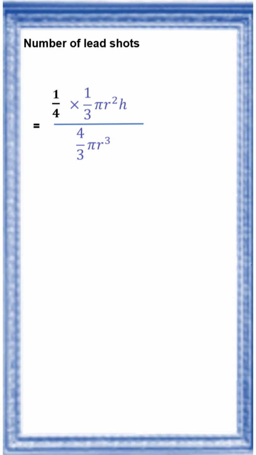Don't get confused with this radius and this radius. This is radius of the cone, this is radius of the sphere. Here this 3 and this 3 get cancelled. This 4 goes to the denominator. Pi and pi get cancelled. So radius of the cone square. What is the radius of the cone? This is 16.